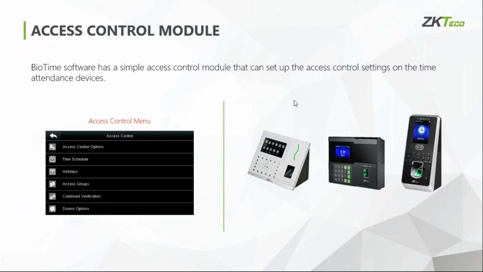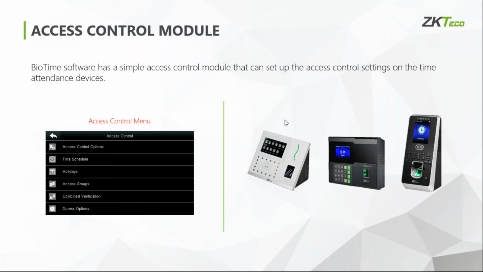So I will be showing you from the software side also. Each function we will be explaining like that. Okay, so as I mentioned, we have an access control module, which will be helpful for the device functioning. For example, if you have an attendance machine with standalone access control, you can upload all the functions.